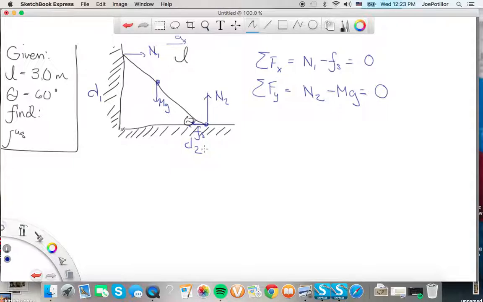So for our torque, as you know, the maximum torque is when the force and the distance are perpendicular to the axis of rotation. So we're going to set up the sum of torque.